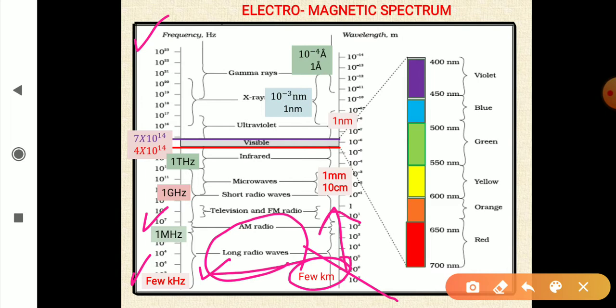Then radio waves are further divided into many parts.